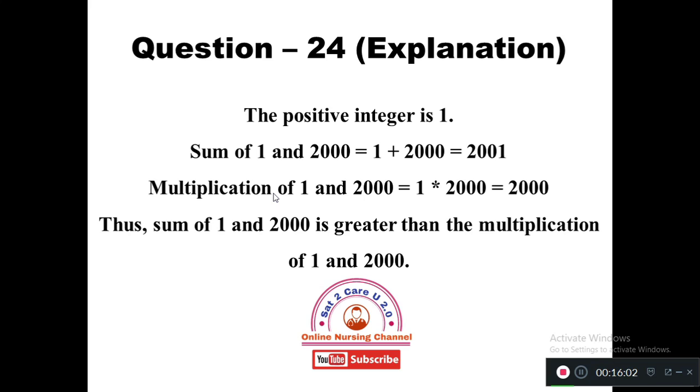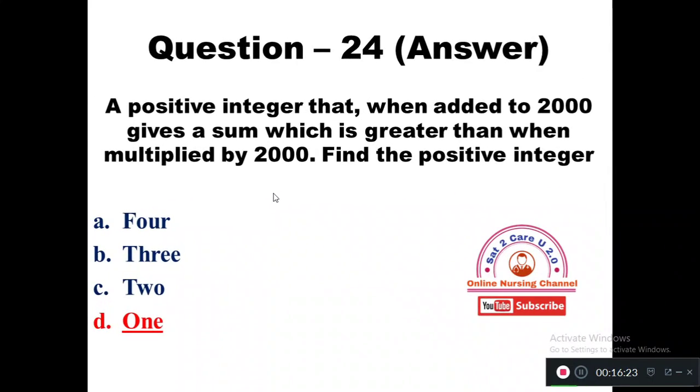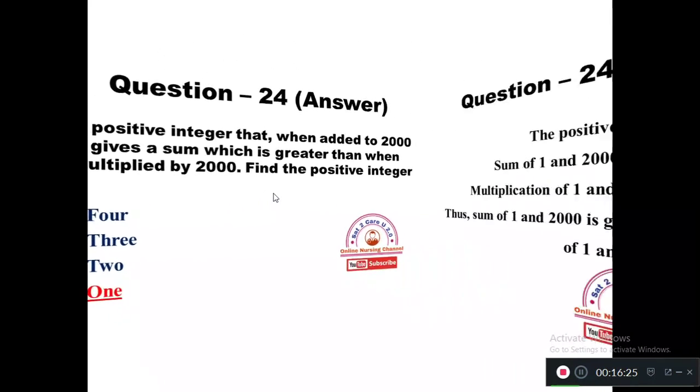But when you multiply 2000 with 1, we get the same number, which is lower than the sum. So the sum of 1 and 2000 is greater than the multiplication of 1 and 2000. So option D is the right answer.